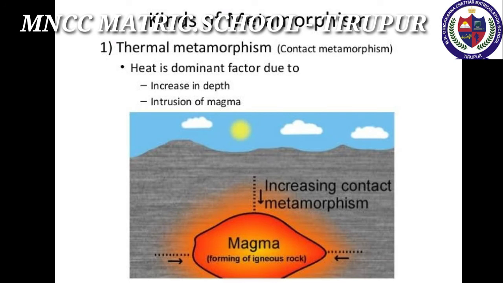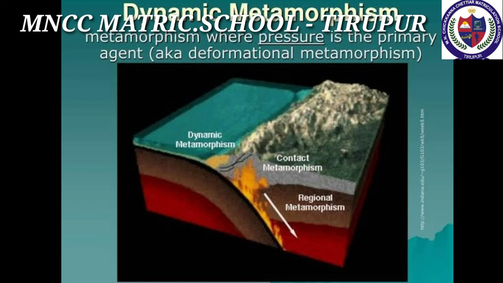Metamorphism is of two types. Thermal metamorphism: if the change in the rocks is mainly caused by high temperature, the process is called thermal metamorphism. Dynamic metamorphism: if the change in the rock is mainly caused by high pressure, the process is called dynamic metamorphism.